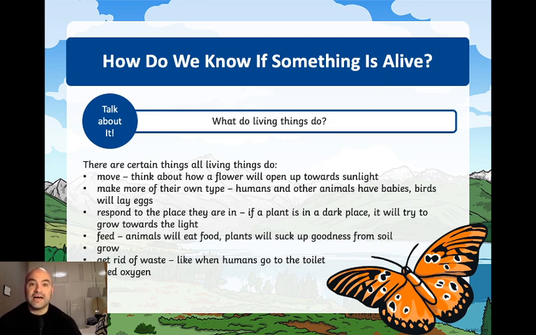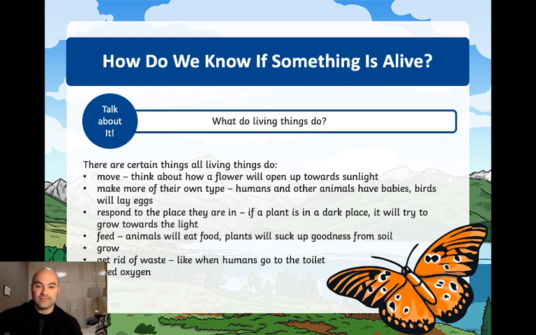Things that are alive grow. Like my guitar, it had a wooden body, and the wood was growing on a tree, but now it is not growing. And something that is alive gets rid of waste. That means to go pee-pee or to go poop. So, we are alive, we poop, and we pee.